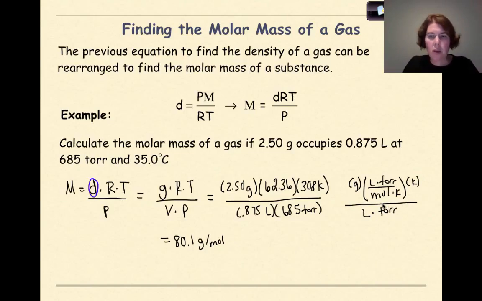So if we got real fancy, we could say that torr cancels torr, Kelvin cancels Kelvin, torr cancels torr. Oh, there it is. Liters cancel liters, and we're left with grams per mole, which is what we want, and which is down here. So 80.1 grams per mole is our answer to 3 significant figures.